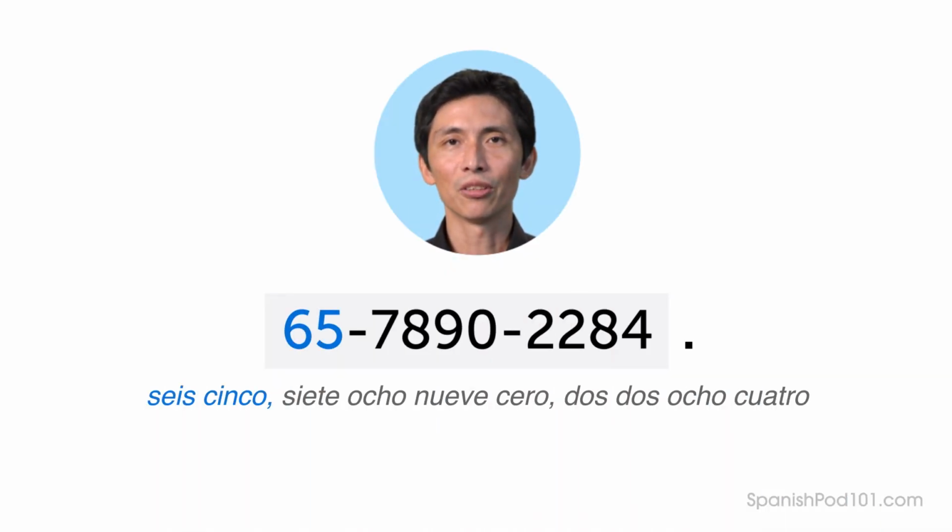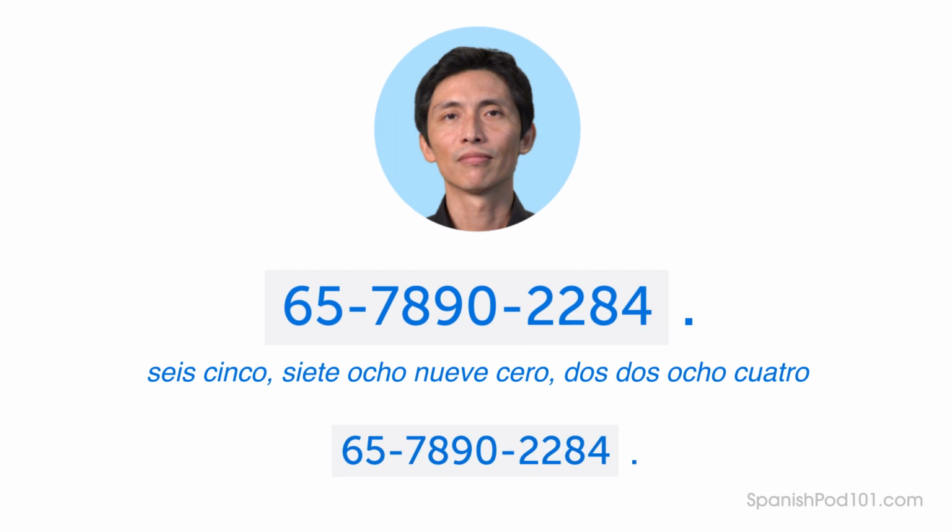Seis, 5, 7, 8, 9, 0, 2, 2, 8, 4. 657-890-2284. When directly responding to someone's request, it's often possible to omit part of the response.